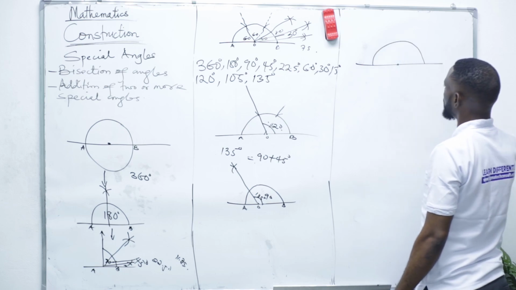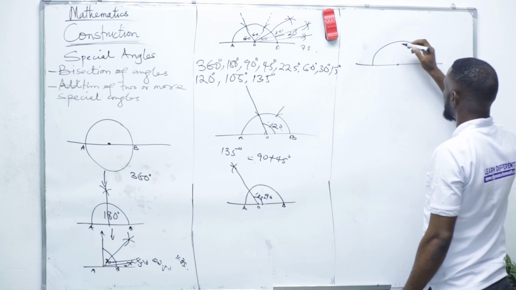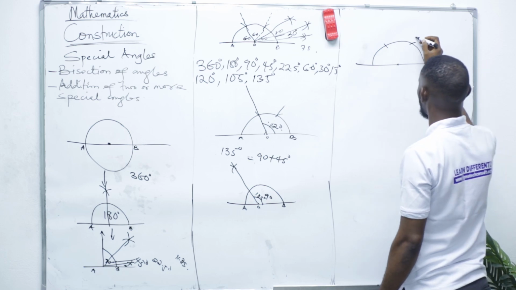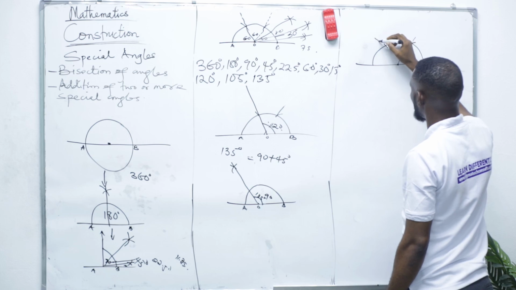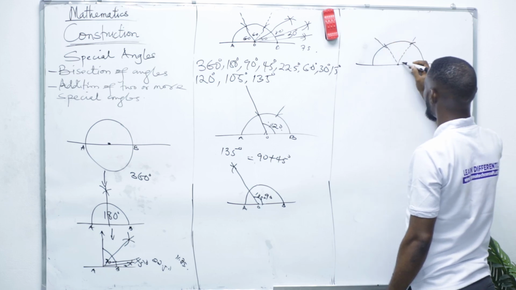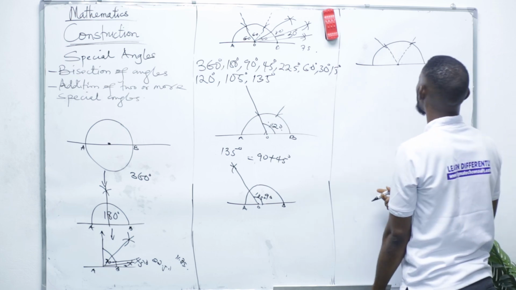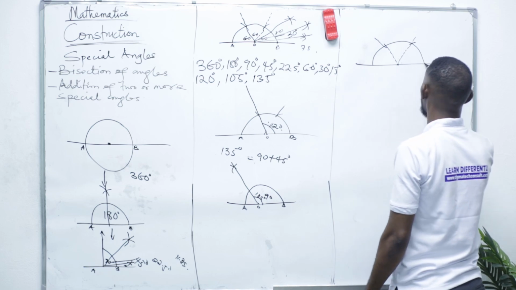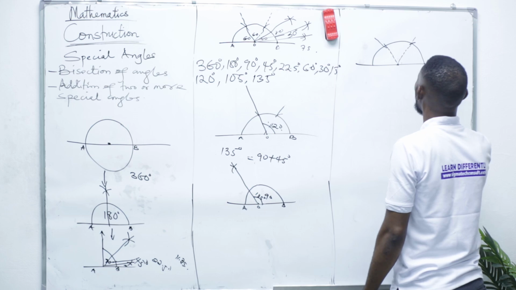Remember, don't change anything yet. Do your 60. Do your 60. Remember this, if you draw a broken line, just watch me. So this is 60, 60, 60. All right? From this 60, look at this now, we do 90.